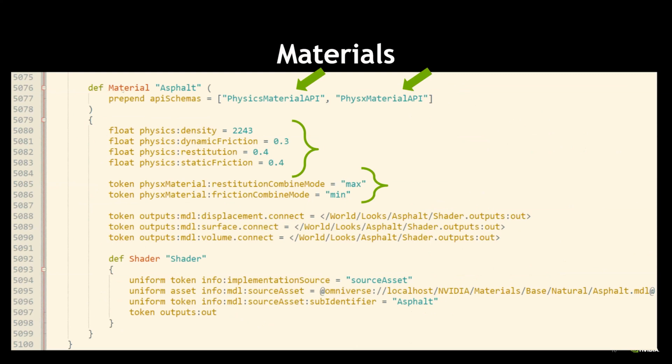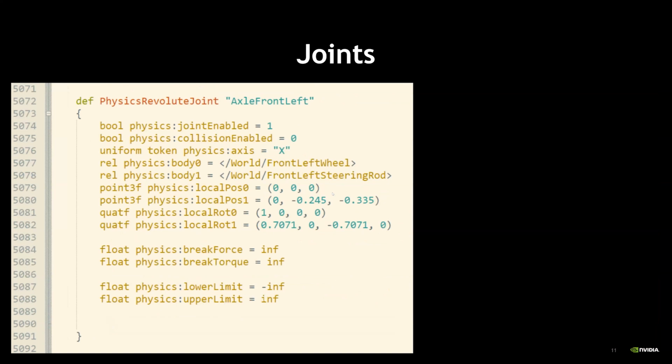I'm not going to go into a lot of detail here, but we have support for materials. If you're extending the graphics material, you don't have to, but you can, with additional physics properties like the static and dynamic friction coefficients. That will guide how the rigid bodies and colliders interact with each other. You can then also introduce joints, like this revolute or hinge joint, where it's a new prim.